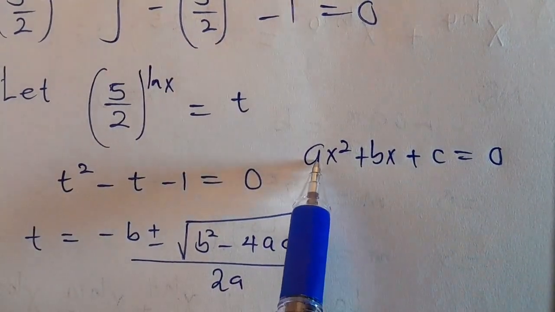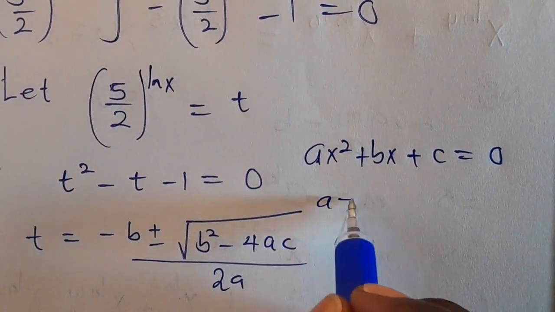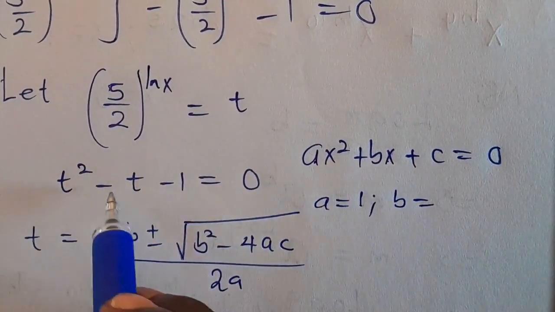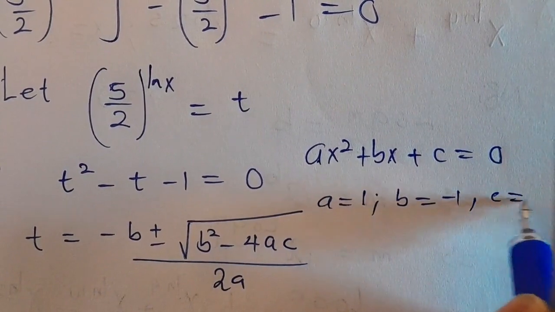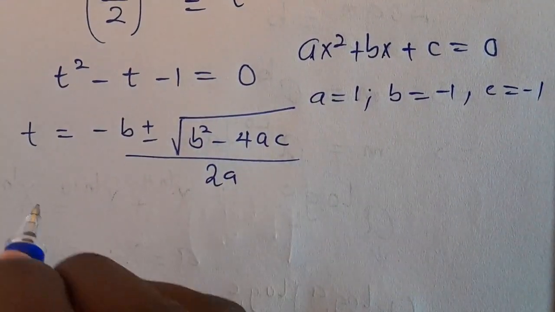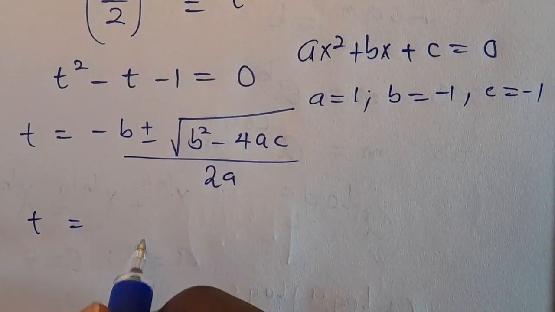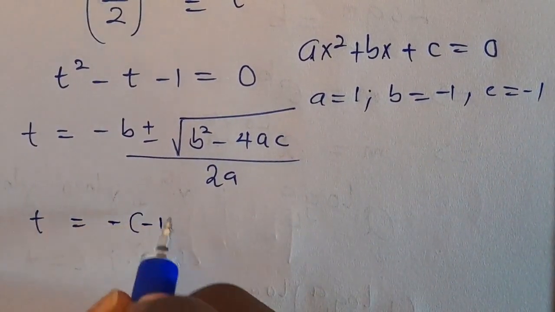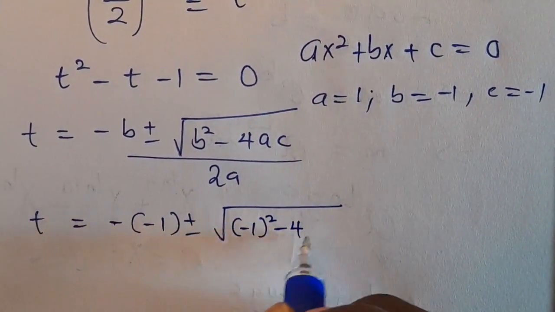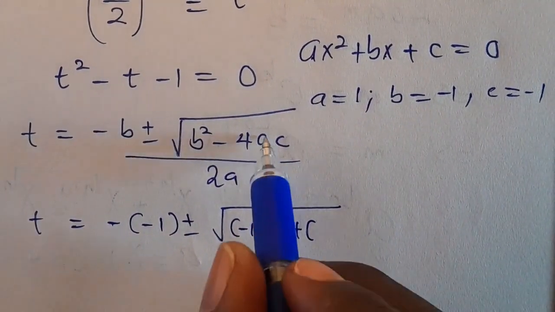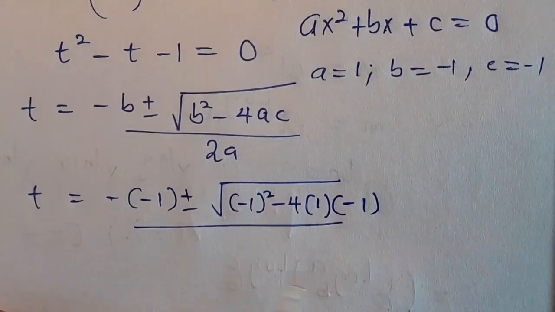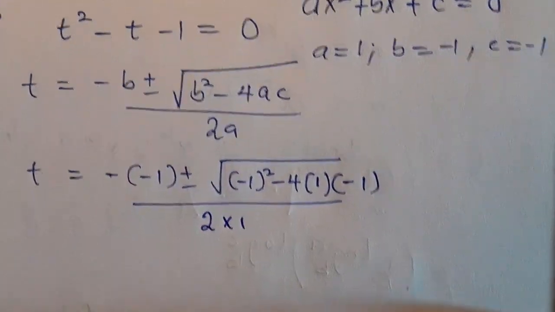So we have our a here to be equals 1, then our b here minus 1, then our c equals minus 1. So from here we can get our t to be equals minus into minus 1, positive or negative, square root of minus 1 all squared minus 4 multiplied by our a equals 1, then our c equals minus 1, all divided by 2 multiplied by 1.